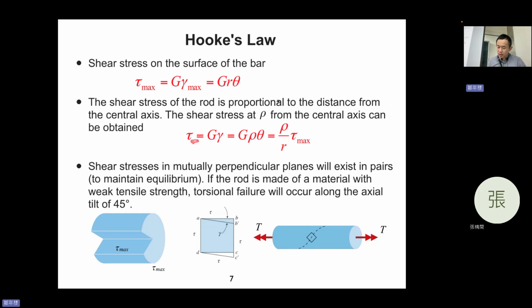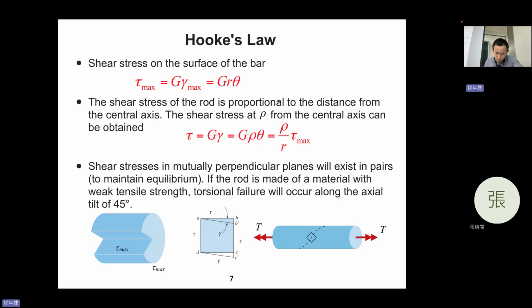Tau equals G gamma, no problem, right? The gamma equals rho theta. You see, rho and R, so rho divided by R is the ratio times the tau max, no problem. That's it.